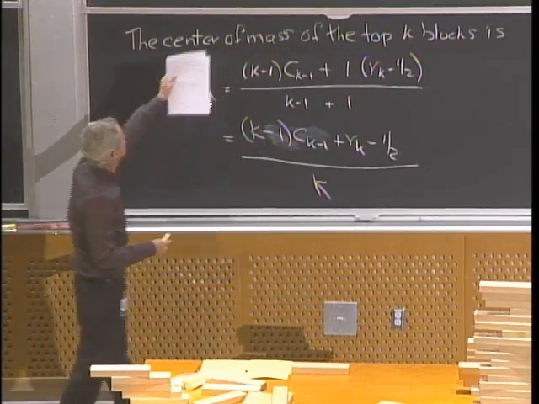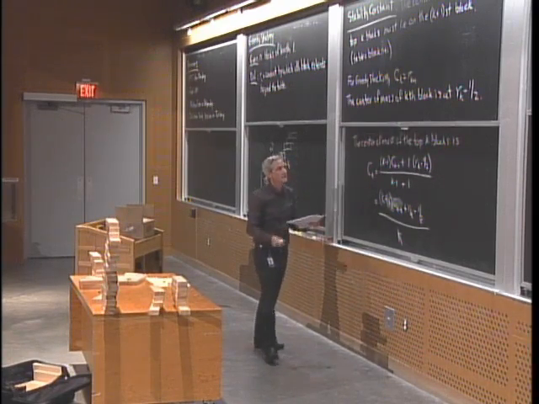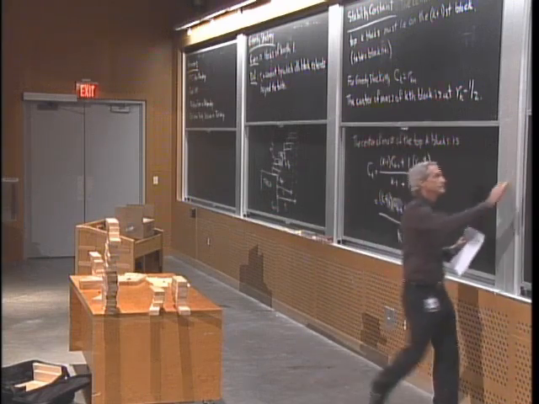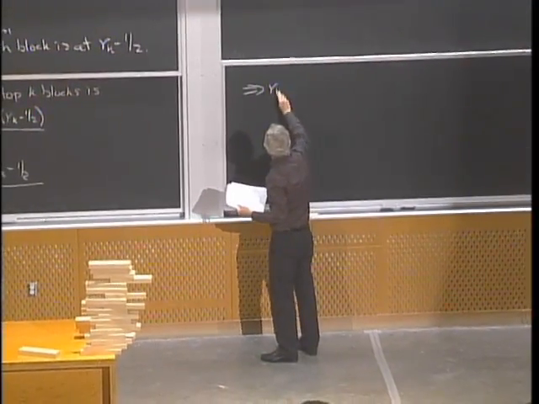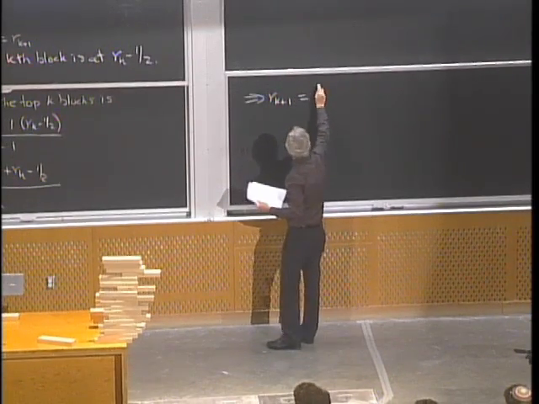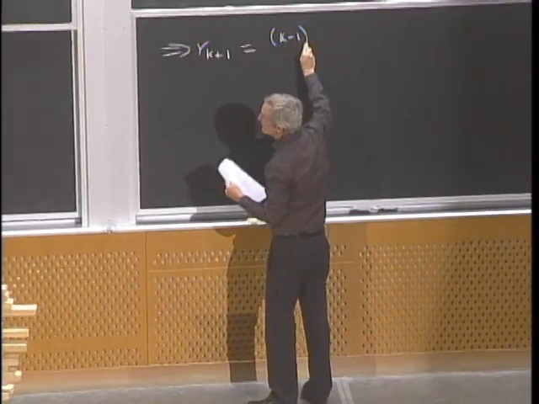All right, so now for the greedy strategy, I'm just going to plug in ck as rk plus 1. So let's do that. So I got ck as rk plus 1 equals k minus 1.